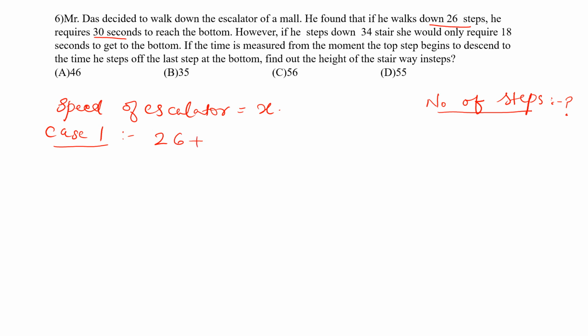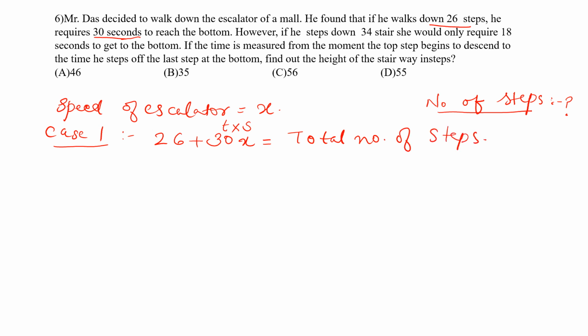Therefore, the number of steps covered by the escalator would be 30 into x. That is, this is the time and this is the speed. So 30x would be the number of steps moved by the escalator. And this is the total number of steps in the escalator.